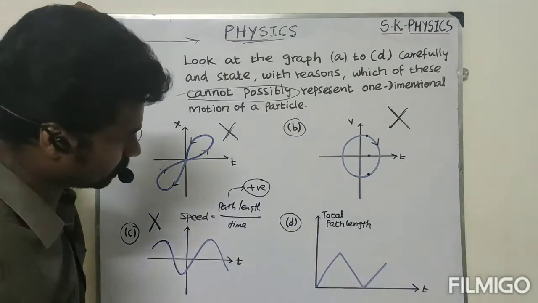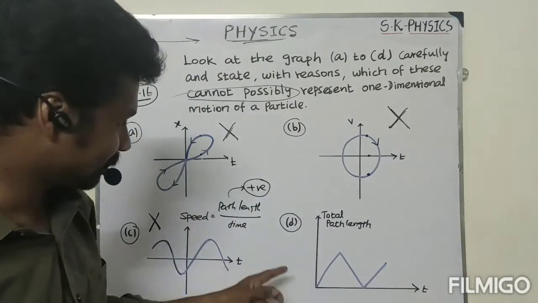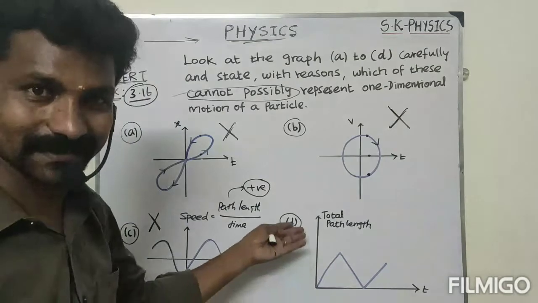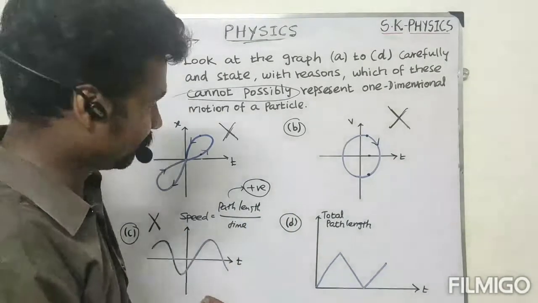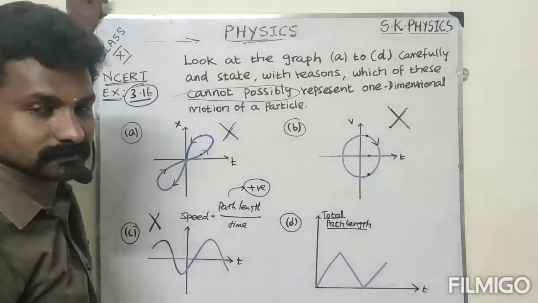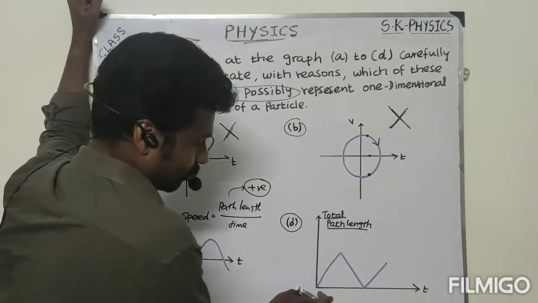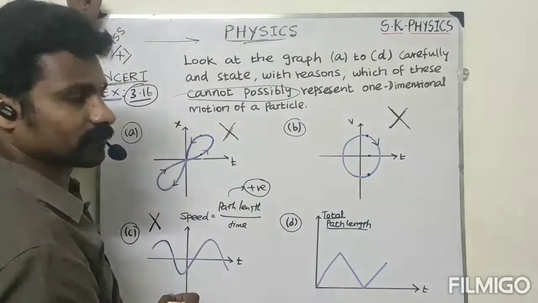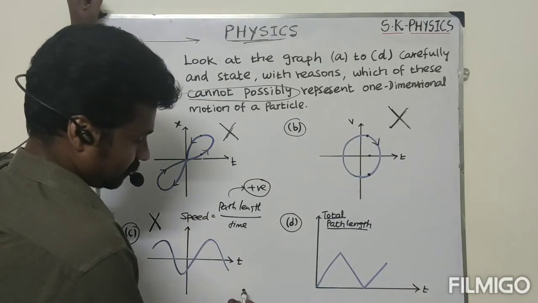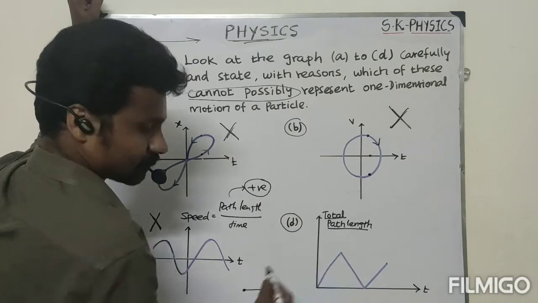Maybe already 3 is wrong, maybe the 4th is correct, it is not like that. Let's analyze this problem. This is a relationship between total path length and time. Starting from here, the object is moving, time is increasing, path length is also increasing.